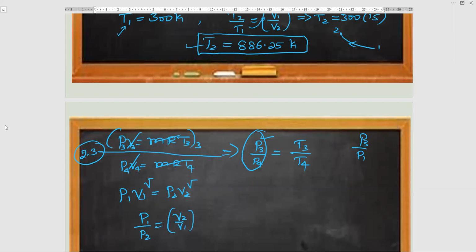So first I will calculate P1, that I will substitute here. So P1 by P2 is equal to (V2 by V1) to the power of gamma. Calculate P2. So using this equation, how will you write P2? P2 is equal to P1 divided by this term V2 by V1. I can write 1 divided by V1 by V2. That is 1 by RC, because compression ratio is V1 by V2. So P1, how much has he given? We don't know. As it is, right.